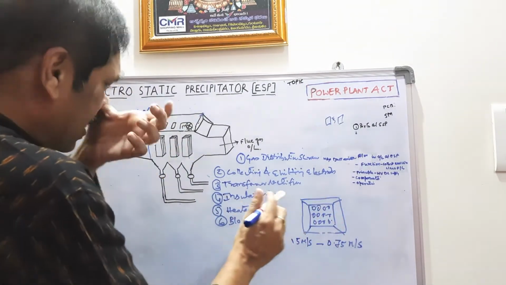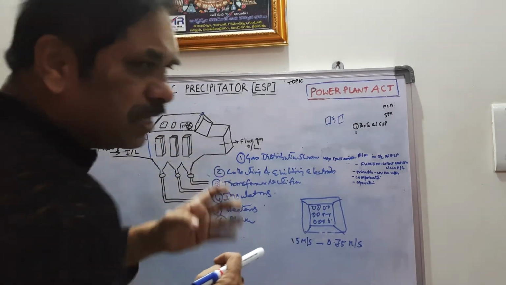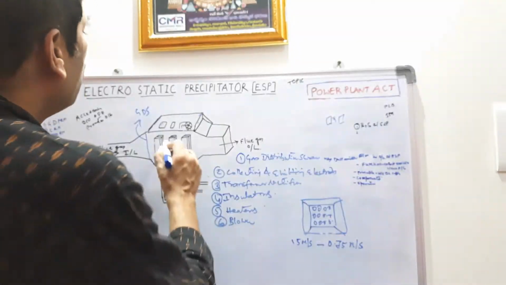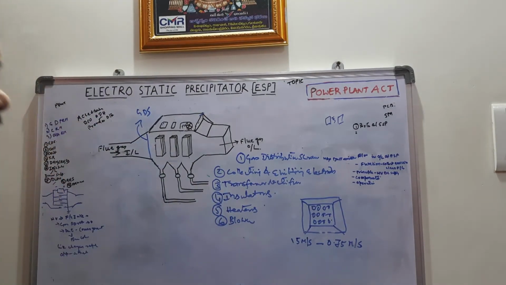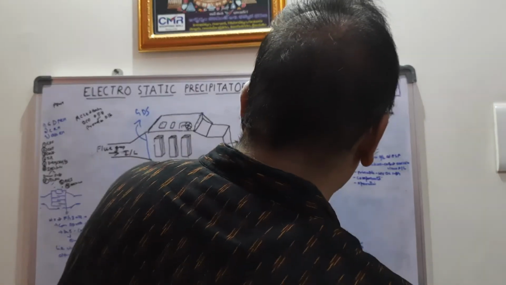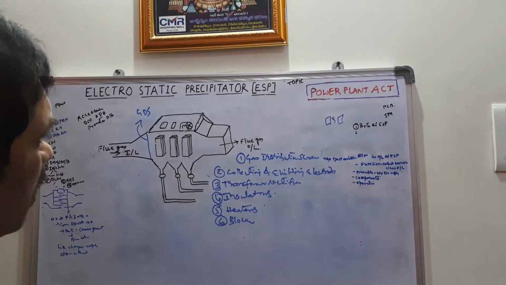The dust particles in the flue gas are ionized, it works efficiently, and the overall ESP efficiency is increased. That is the reason why the velocity is reduced. Okay, this is the function of the gas distribution screen.